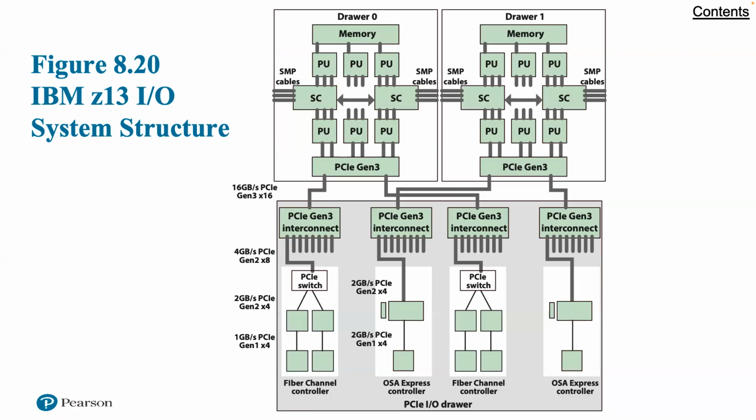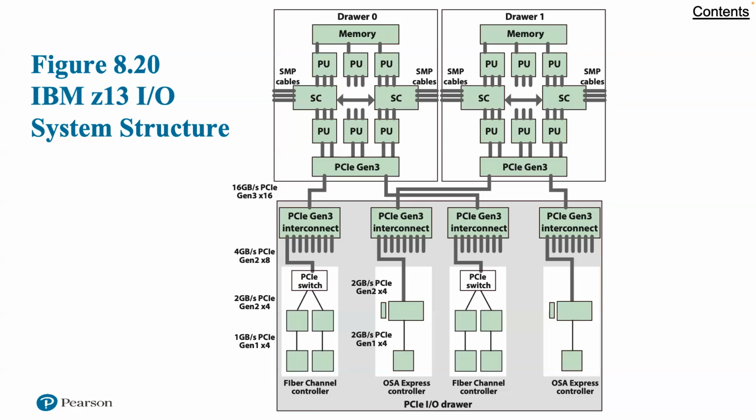With this background, we can now show a typical configuration of the z13 I/O system structure, as we're showing in this figure. Each z13 processor drawer supports 2 types of internal I/O infrastructures, internal to the A and Z frames: PCI Express and InfiniBand.